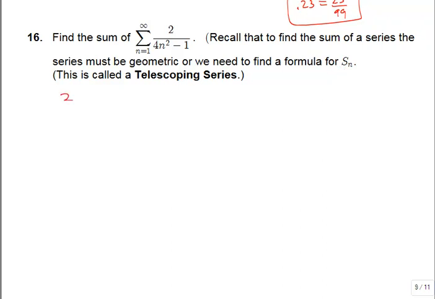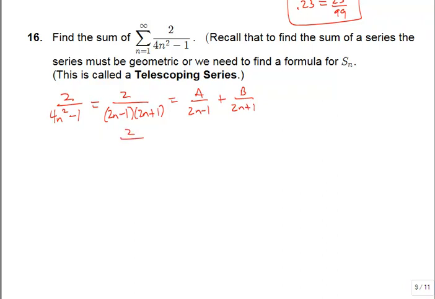Notice that in 2 over 4n squared minus 1, that denominator actually factors. It's a difference of squares, so it's 2n minus 1 times 2n plus 1. And that means we can do a little bit of partial fractions on this. This can be broken down into A over 2n minus 1 plus B over 2n plus 1.